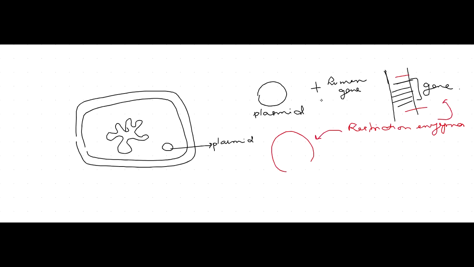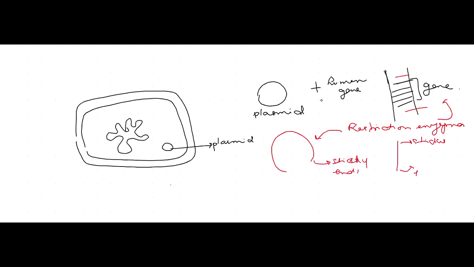And what they're going to do is that the ends of the plasmid and the ends of the DNA that have been cut by restriction enzymes, these cut regions, we call them sticky ends. Okay, so both my DNA as well as my plasmid will have sticky ends.